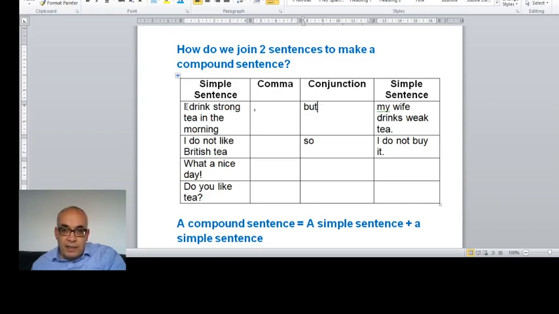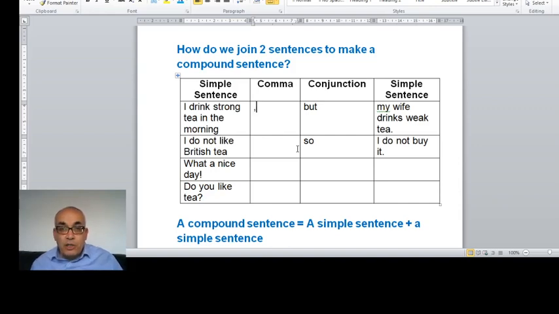I start with a capital letter, as you can see here. But the full stop is here because the sentence is finished here. This is the full stop and this is the capital letter. So I put a simple sentence, comma, conjunction, another simple sentence, and in this way I join two sentences.